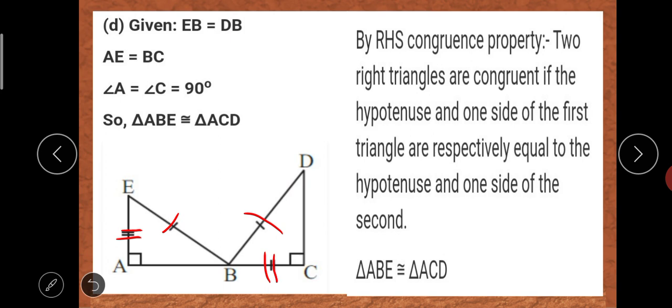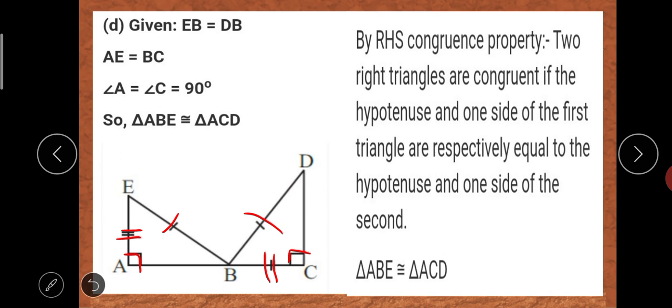Okay, now here the sides are not given in the same direction. So here AE is equal to BC. Then what is given here? Angle A is equal to angle C, whose measurement is 90 degrees. Okay, so here it is a right angle. So here it is shown that this is AC, angle A and angle C.